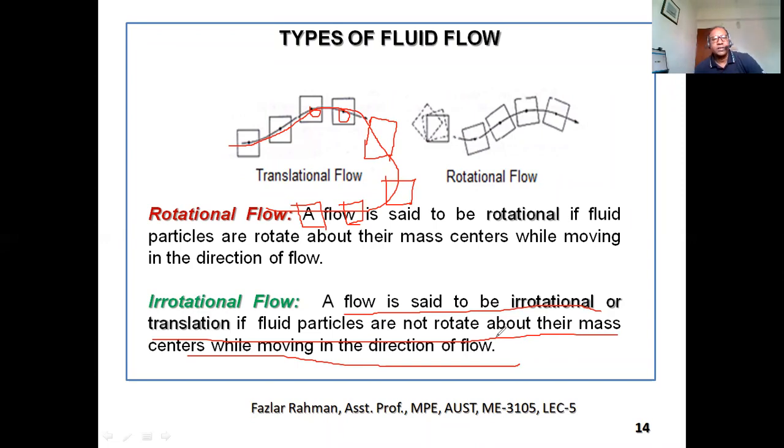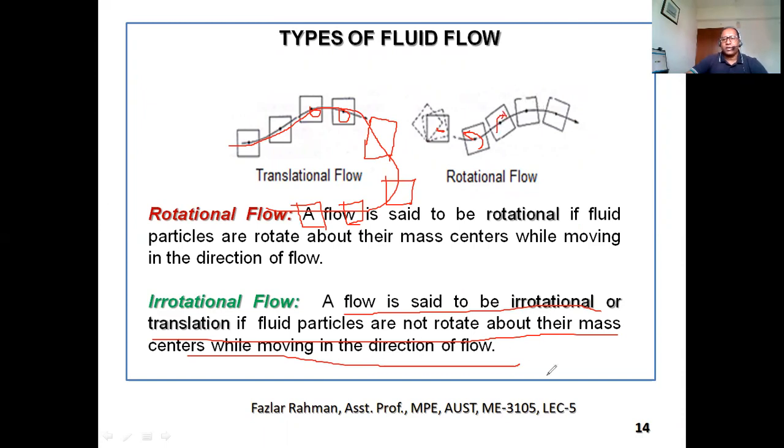Okay. Then rotational flow. You look right over here, a fluid particle was right over here at a time. It came over here, over here, over here. If you look carefully, you see, in every case, it rotated. Right over here, it rotated along this direction a little bit, right? Then coming over here, still it has rotation. It came over here, again it makes rotation in the opposite direction, becomes straight.